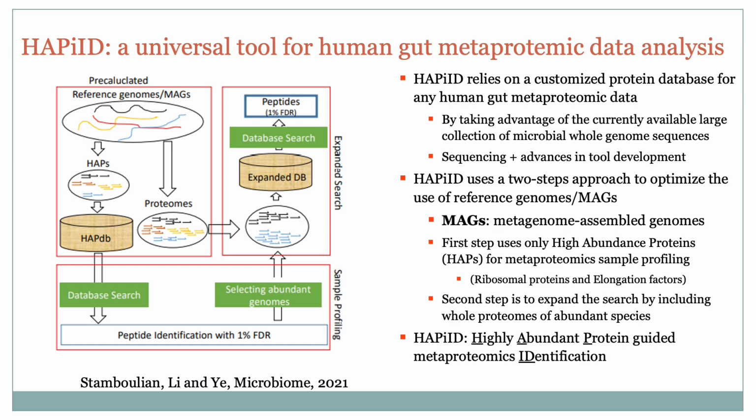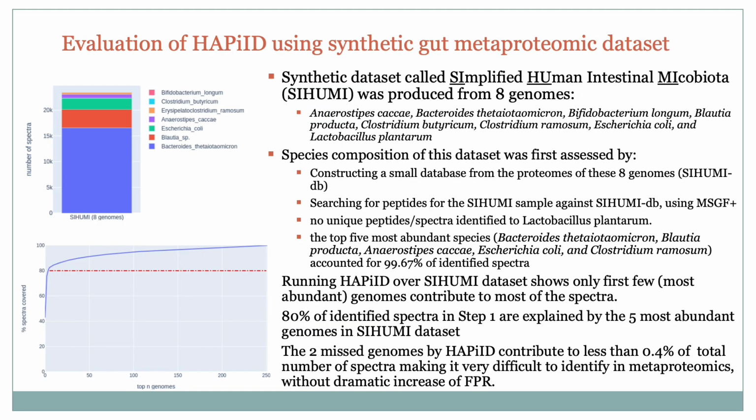We show that by using this two-step approach, HiTSeq can provide pretty accurate and fast identification of peptides from metaproteomics data. We tested it on a synthetic metaproteomics dataset that was produced from a genome set called the Sisumi dataset.